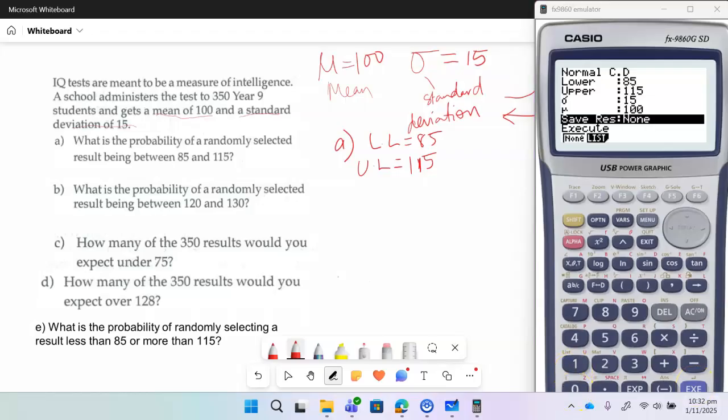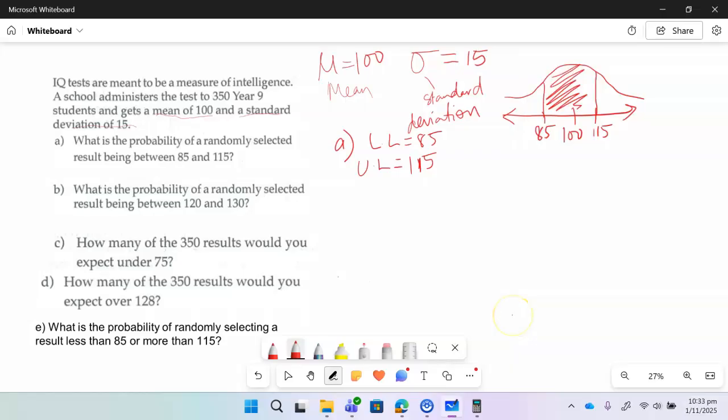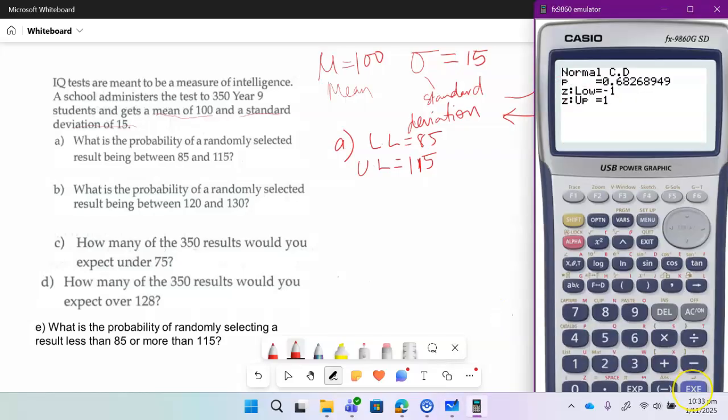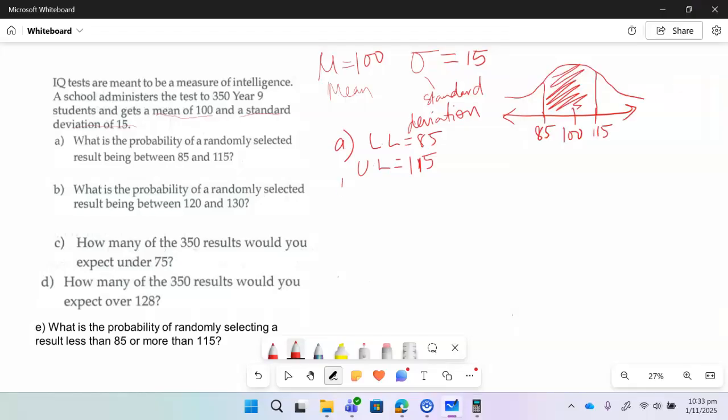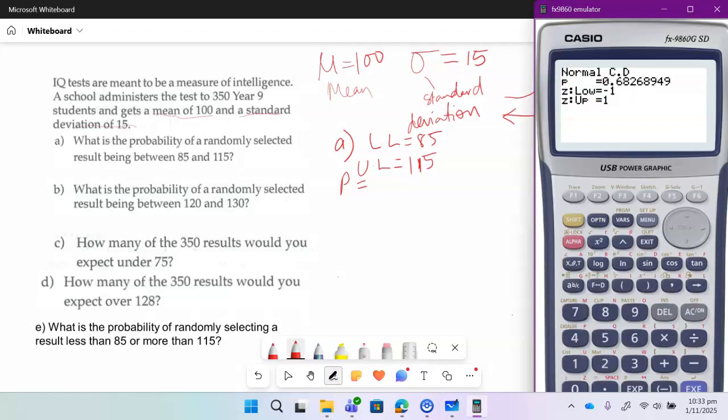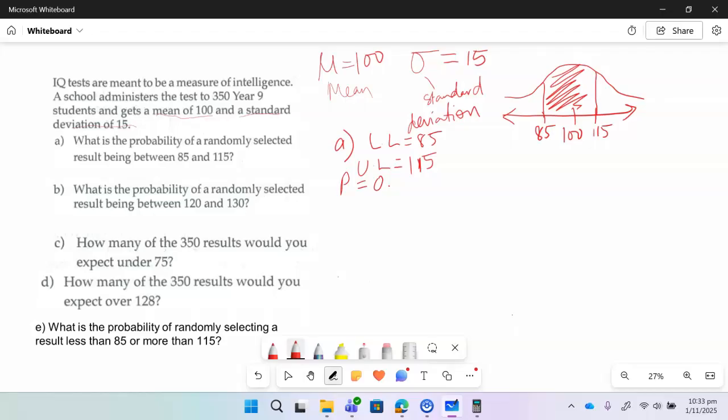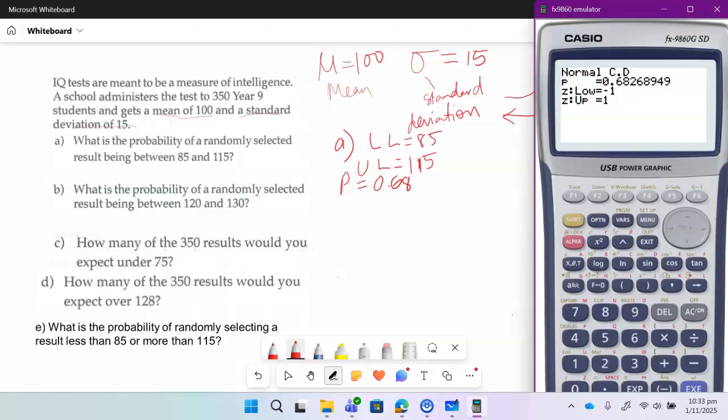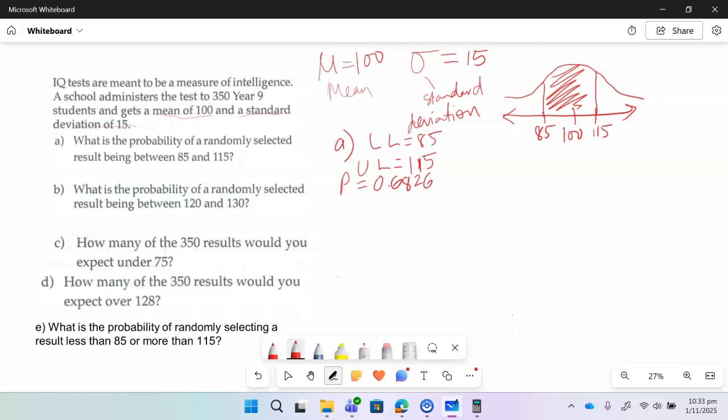And then you just press execute. Well, that's your answer. So the probability that a randomly selected result is between 85 and 115 is 0.68268. Well, we're going to leave it at that. You can round it up if you want.